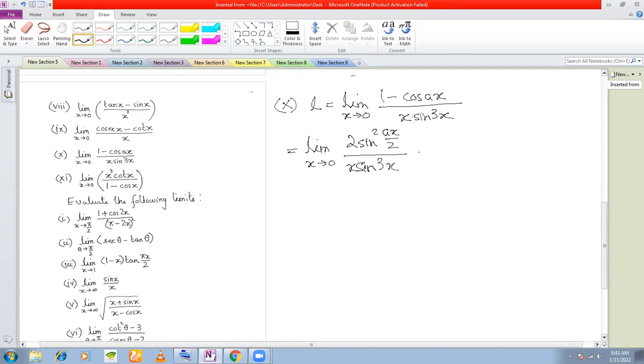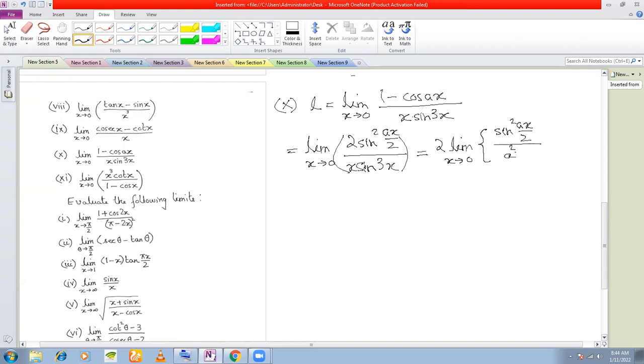Okay. Now in the next step, we are going to take this 2 out of the limit. Now sine square ax by 2 is in the numerator, right? What is missing in the denominator?